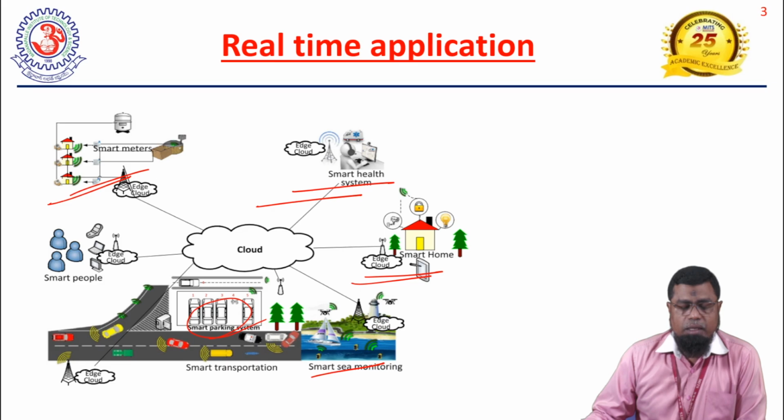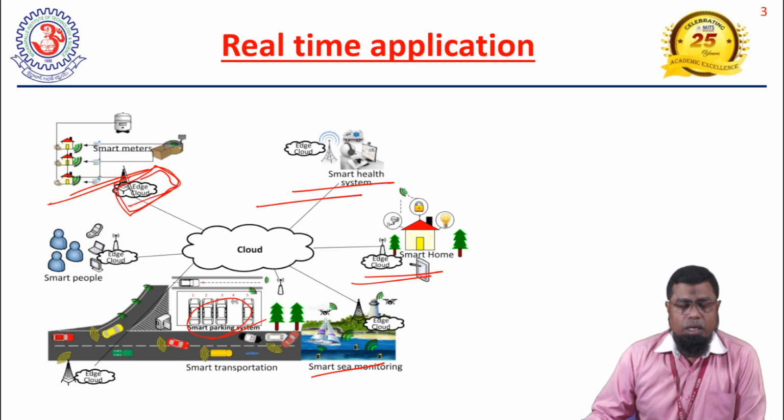If I take the smart meters, these meters are going to calculate how much electricity or water, whatever the meter is concerned for, is consumed. So it is a highly time sensitive application. For example, here there is an edge server.